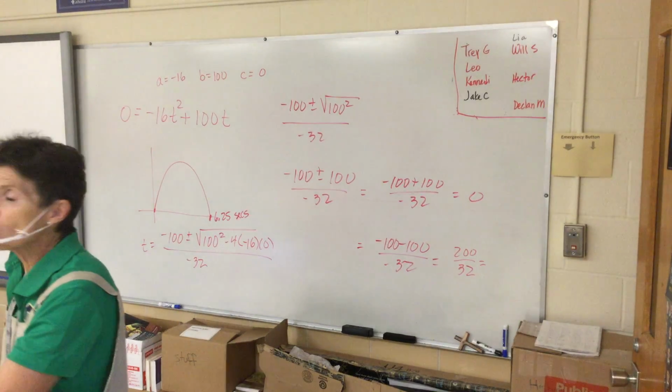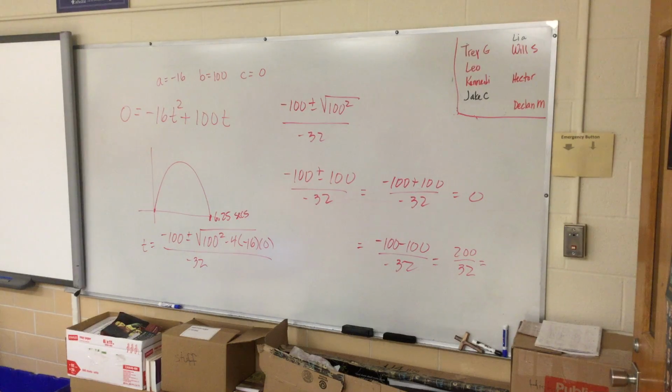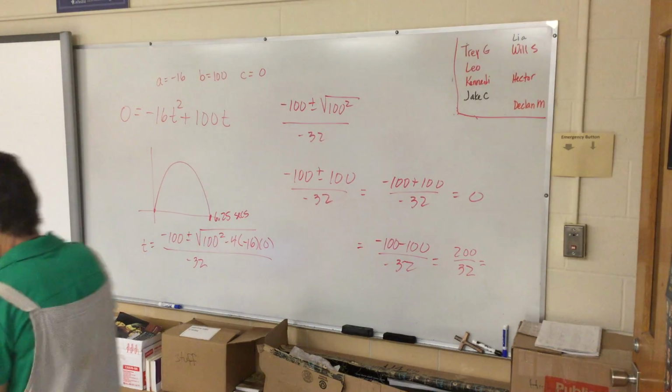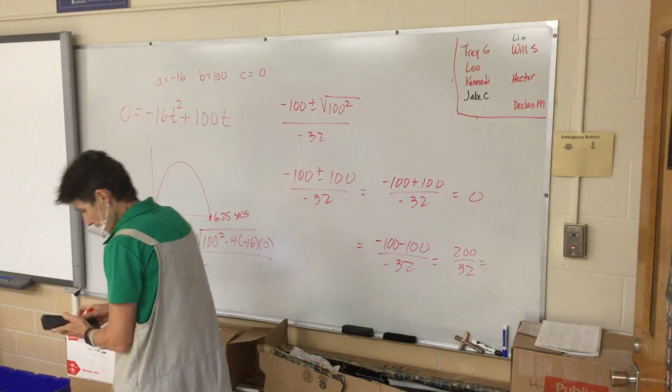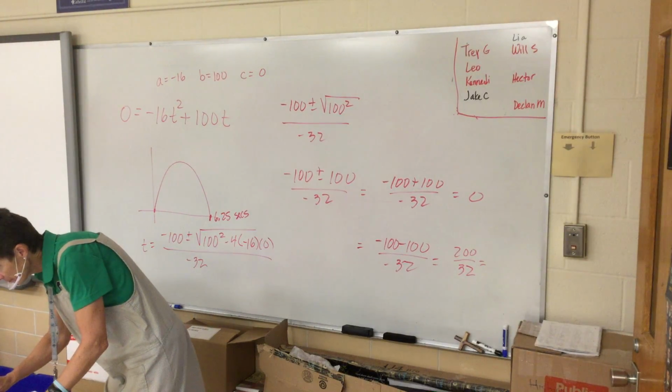So 6.25 is fine. I'm just saying in the future, if you want to reduce a fraction quickly, your calculator will do that for you. So you type in the fraction, whatever it is, hit equals, and then just do math frac, and it will reduce it for you. Okay? That's just a little added piece of information.